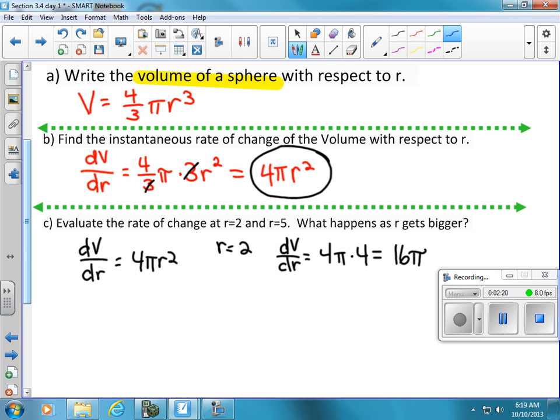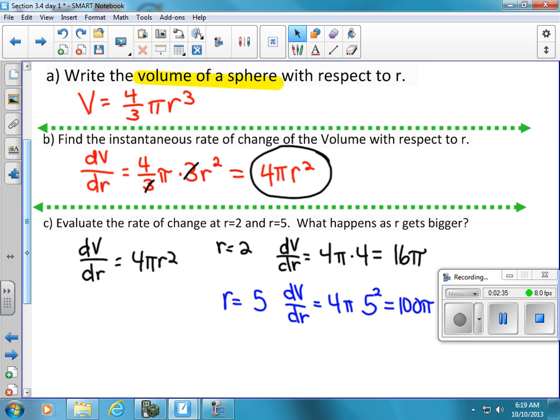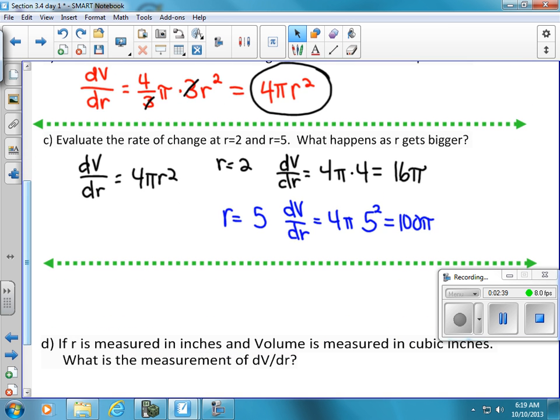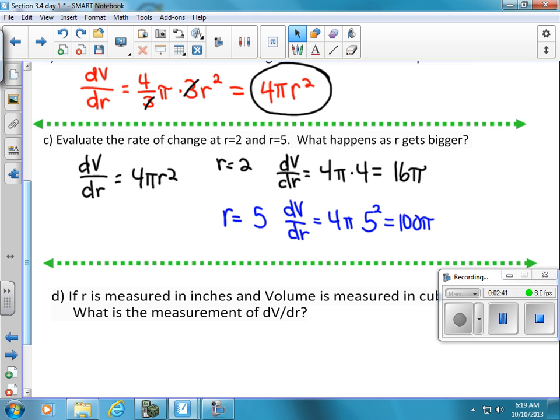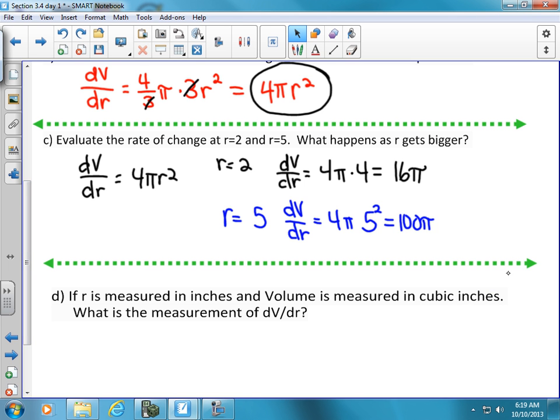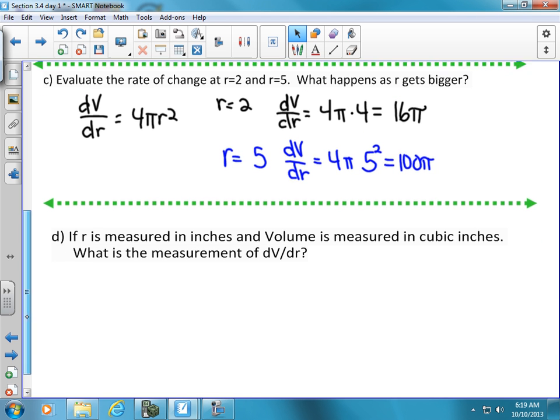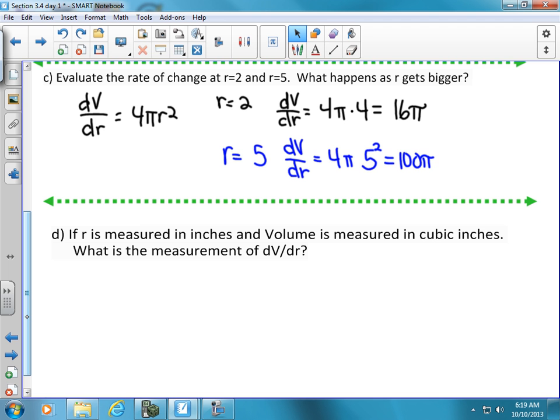And when r is 5, our rate of change is 4 pi times 5 squared, and that equals 100 pi. So you can see that as r gets bigger, the rate of change of the volume of the sphere also gets much larger.